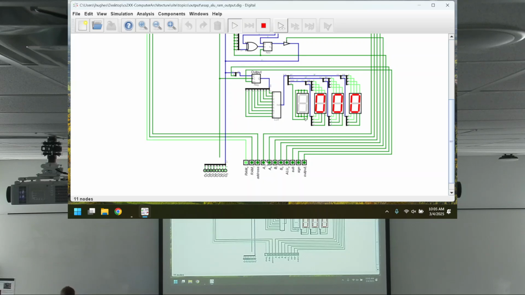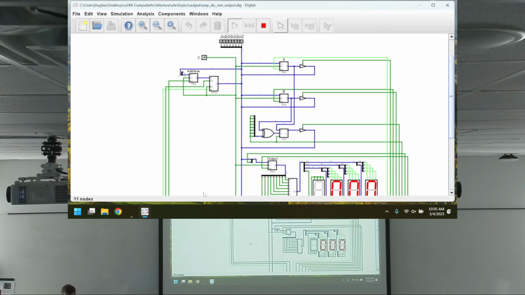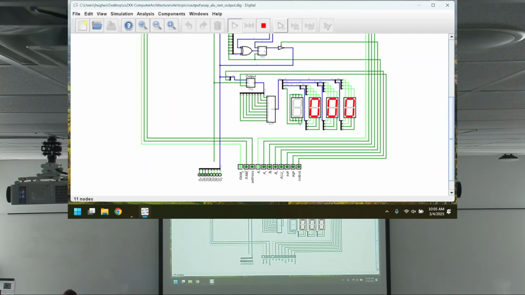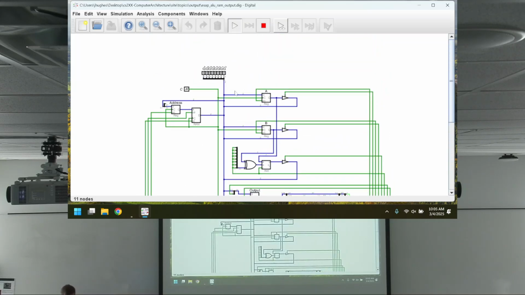RAM out, A in, right? Clock pulse. Then I need to put, okay, let's turn this off. 1.